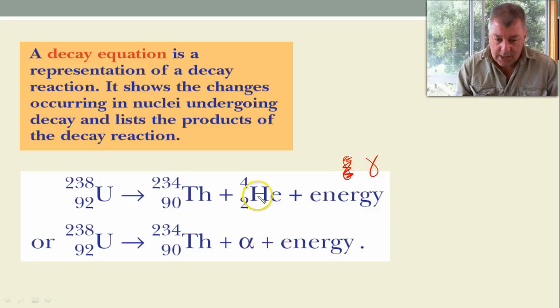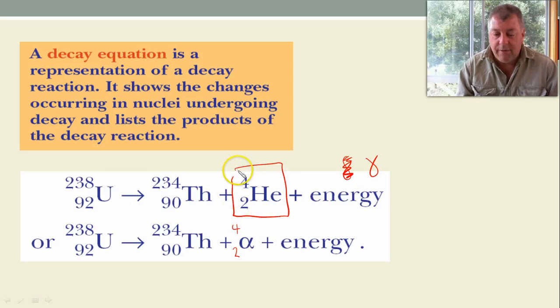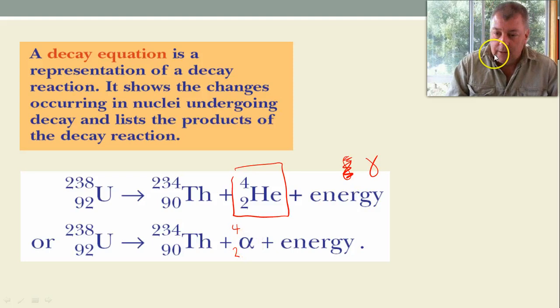But see here, they've written the same equation, but instead they've used the alpha symbol. Wouldn't recommend you do this. The only way I'd let you do that is if you also put a 4 and a 2 there. But really, you should use this symbol for alpha. And you may see some textbooks or on the web, if you're looking for other information, using that symbol. Strongly recommended you don't. Trust me.